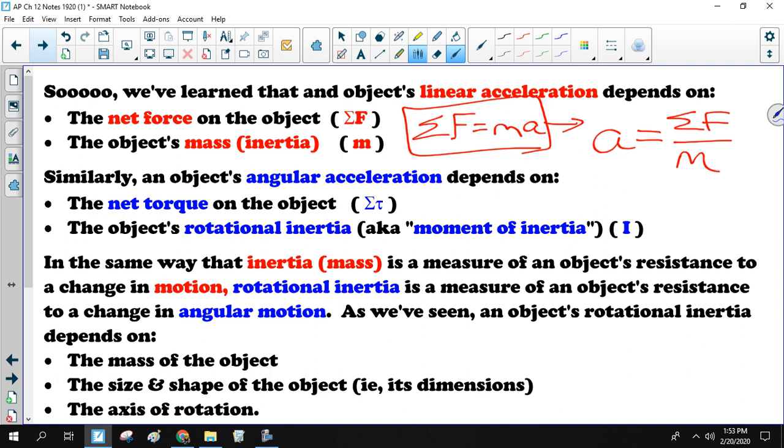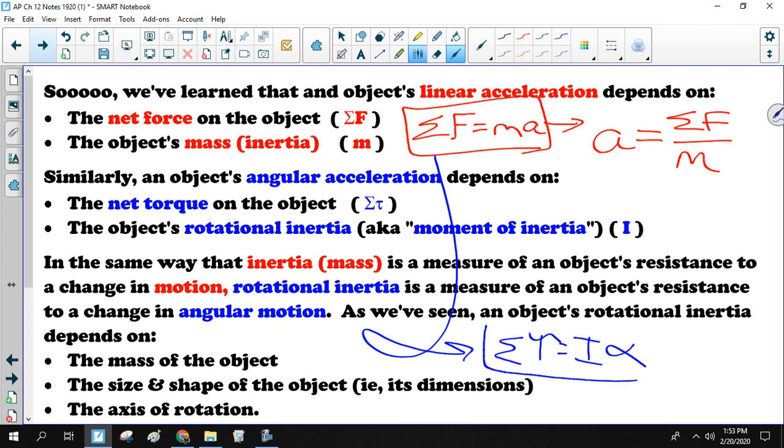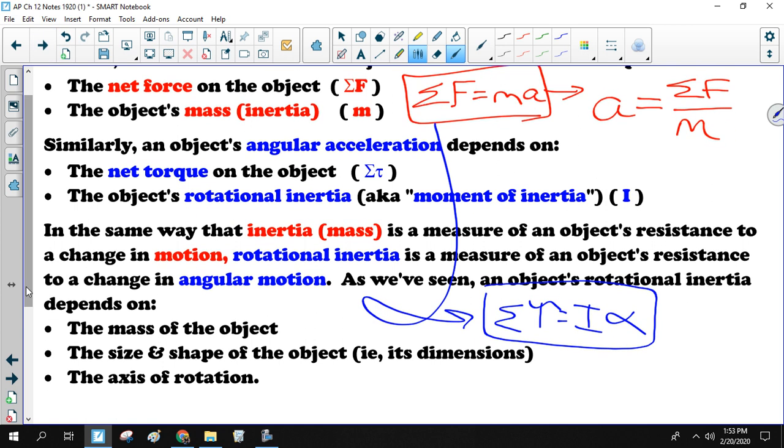All right, and so the rotational counterpart to this is net torque equals rotational inertia times angular acceleration. Okay, and again, in terms of cause and effect, it's actually the angular acceleration that is caused by the net torque acting on an object with some amount of rotational inertia.